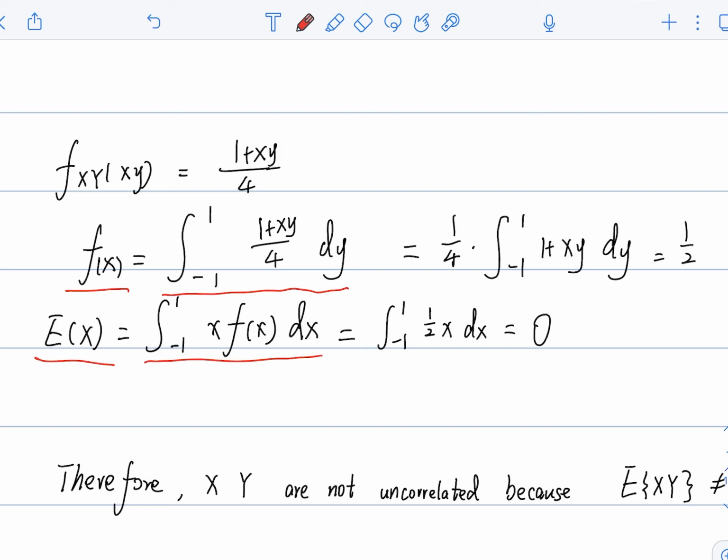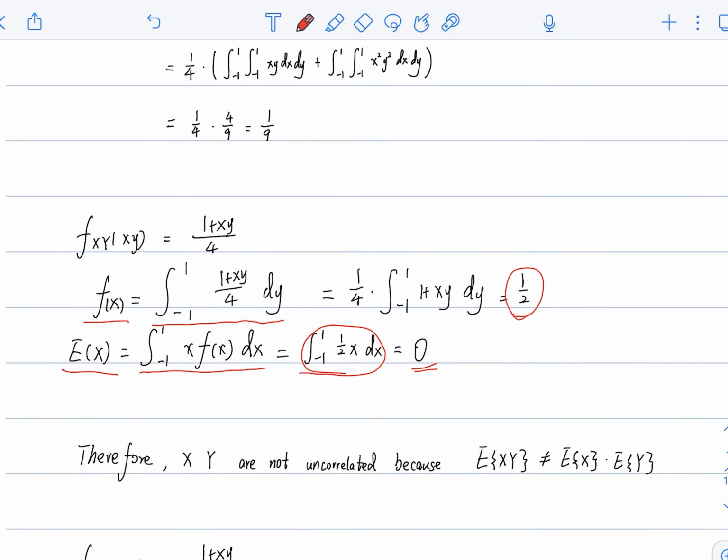We find that f(x) is equal to 1 divided by 2, and hence E[X] equals the integral of x divided by 2, and because x is an odd function, the expected value equals 0.